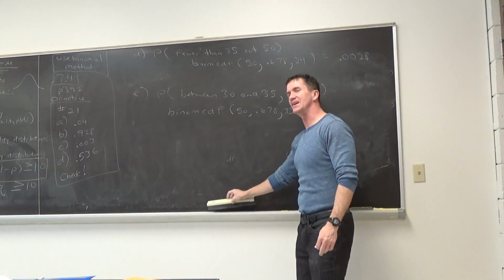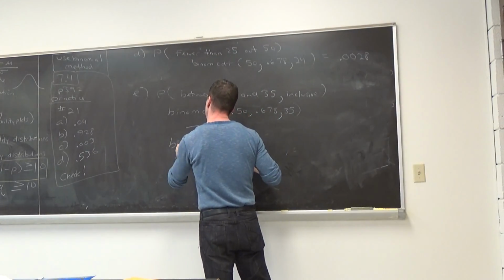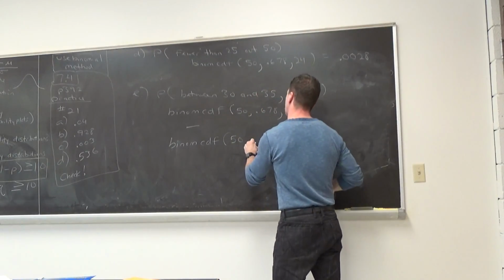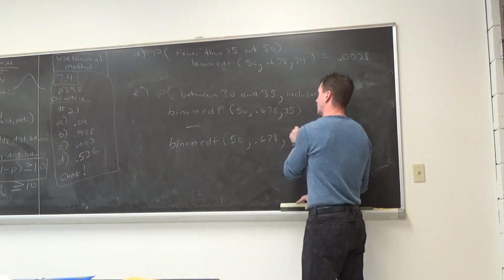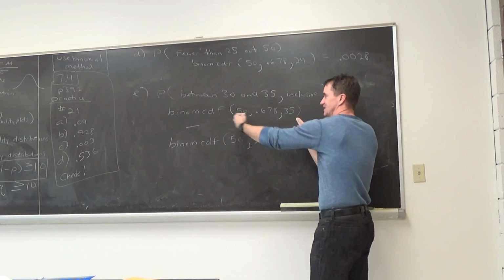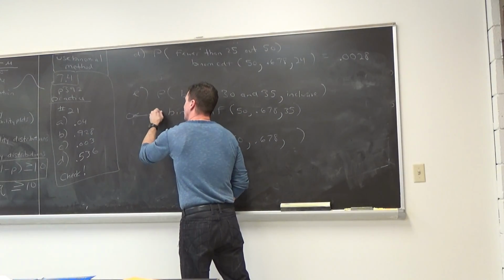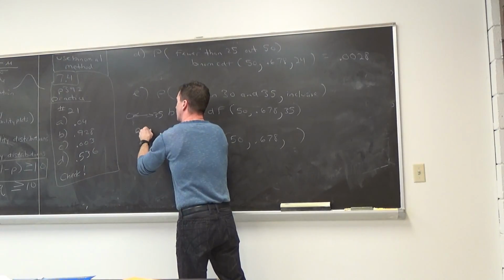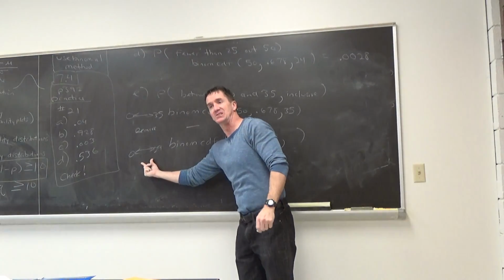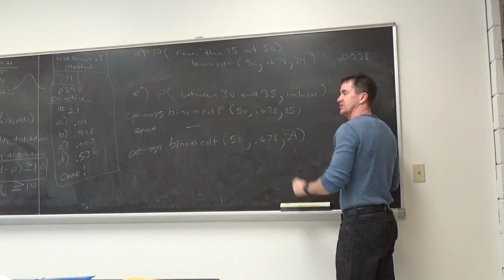But I only want between 30 and 35, so I have to subtract out the 29. I want to remove from the 0 through 35 the 0 through 29, it's a discrete variable, all those probabilities, and you'll be left with your answer.